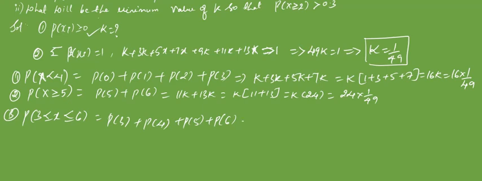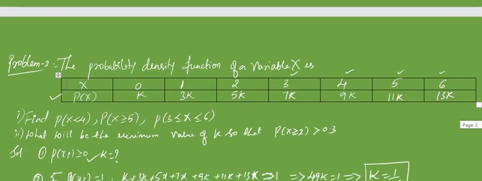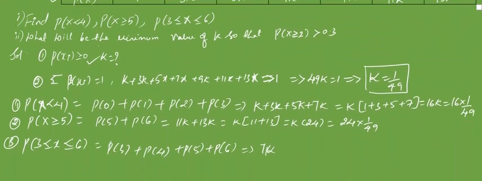The probability of 3 is 7k, plus 9k plus 11k plus 13k. Use the same procedure, take k common and add 7 plus 9 plus 11 plus 13. So that gives you the next solution.